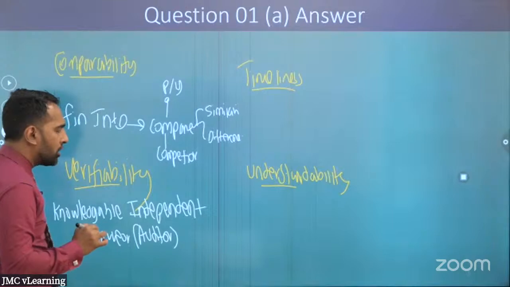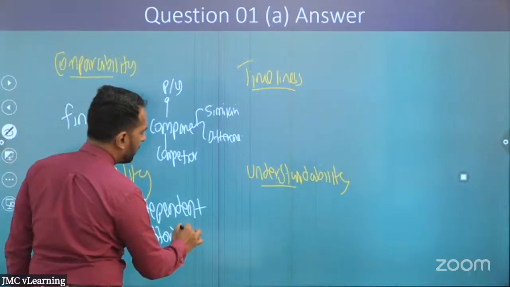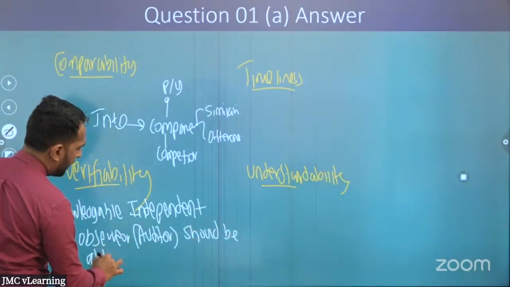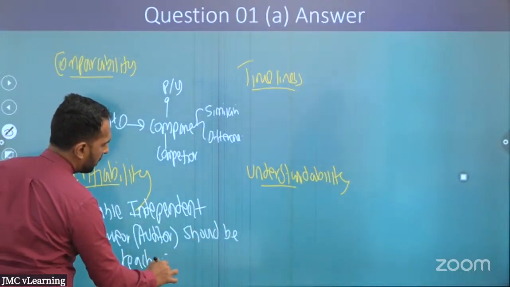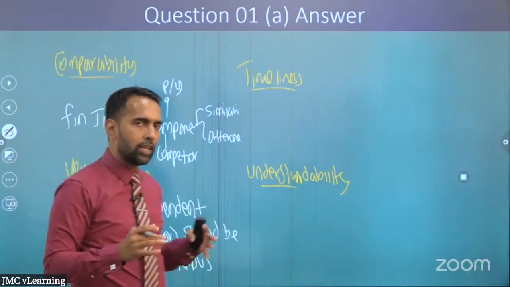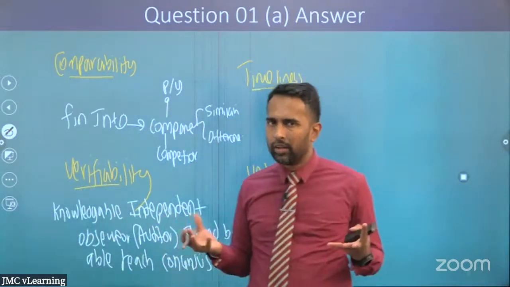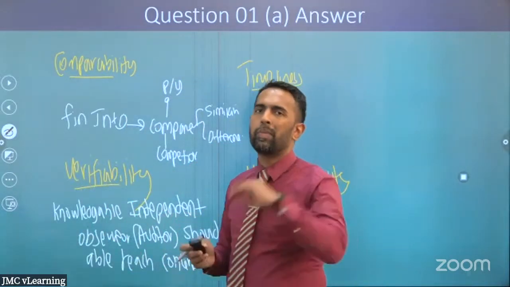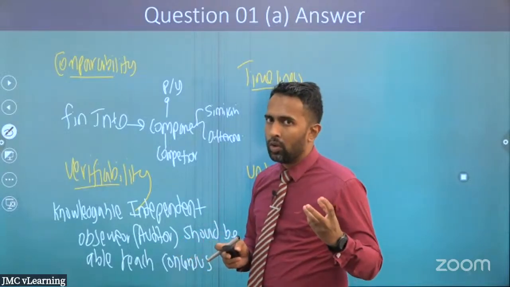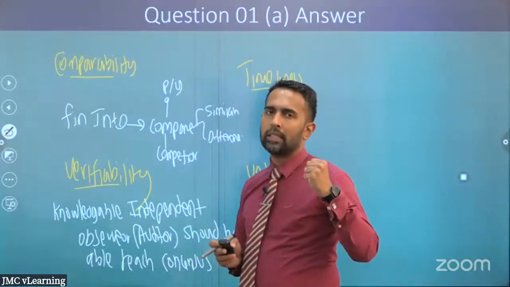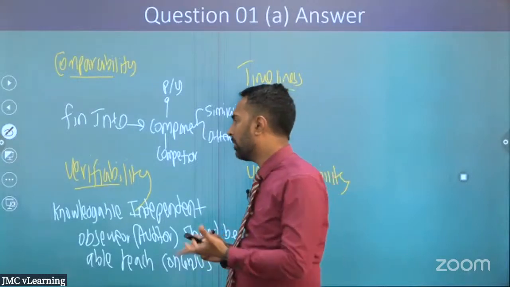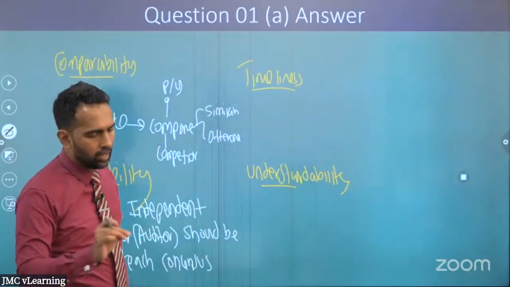So knowledgeable independent observers should be able to reach a consensus. In the financial statement, we just give you a bulk figure. For example, revenue 5 billion. This 5 billion consists of a number of invoices. So a knowledgeable, independent person should be able to reach that invoice level. That is what we call verifiability. So you have to write that answer.